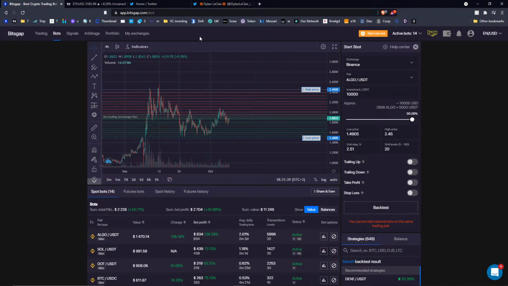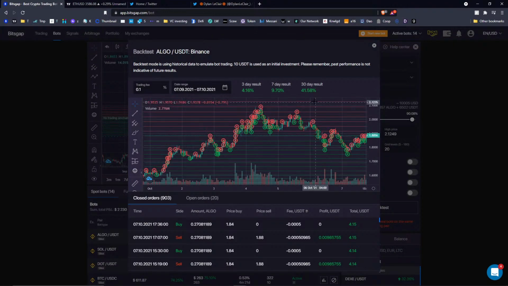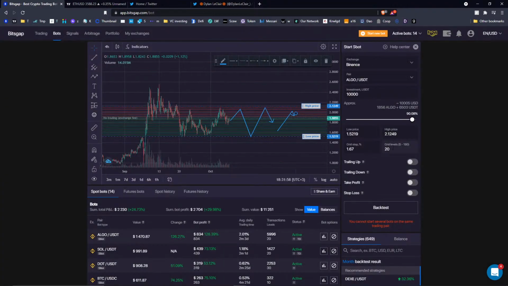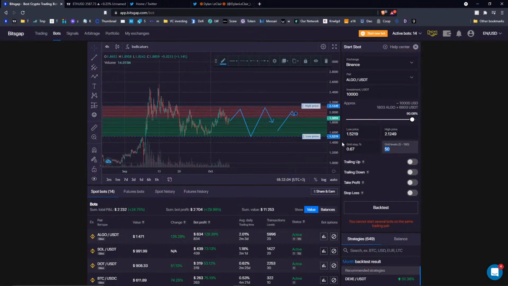But if you feel like the market is going to move in a lower trading range, like this, for example, boom, boom, boom, then now it's time to stress test this trading range. Let's say with the same, okay, so it would be 41% here, but what about 50 grid levels? 36, and what about maybe 140 grid levels?